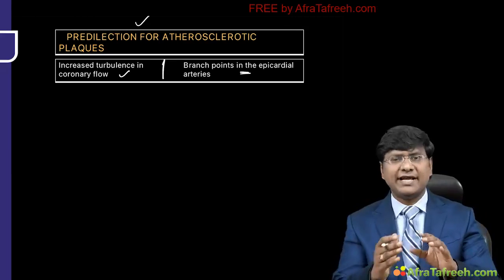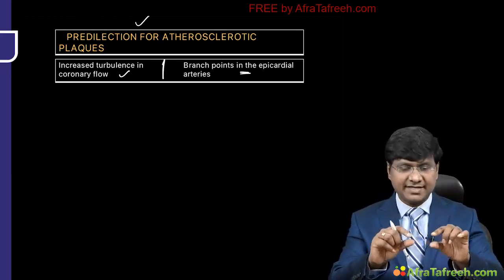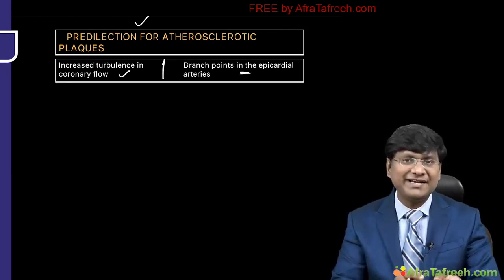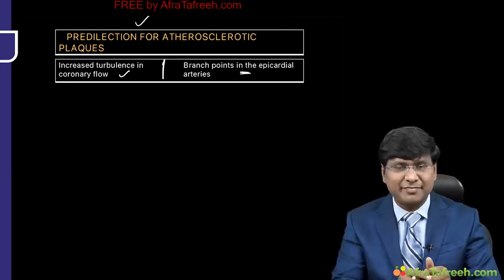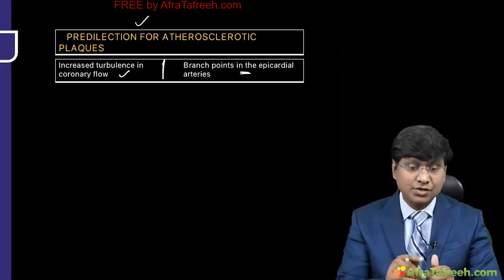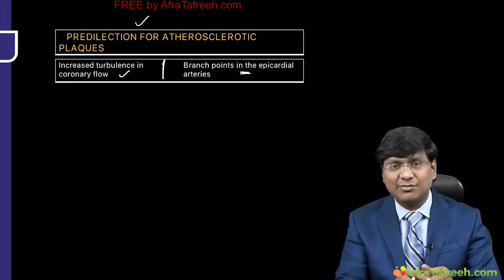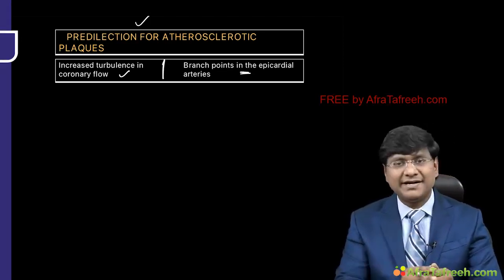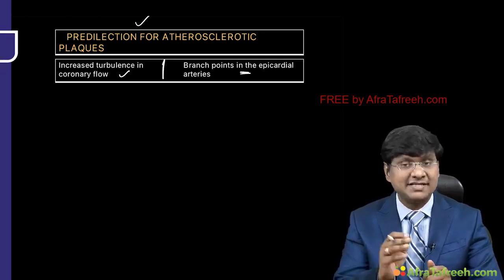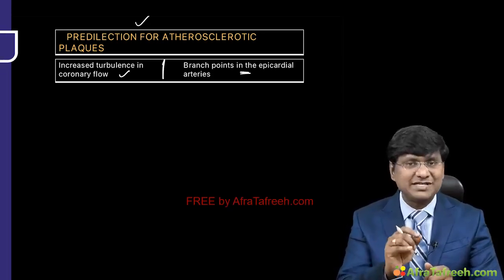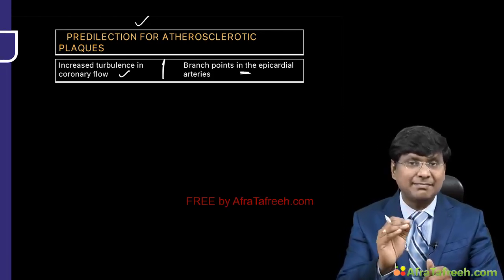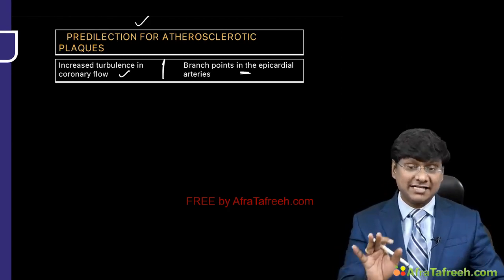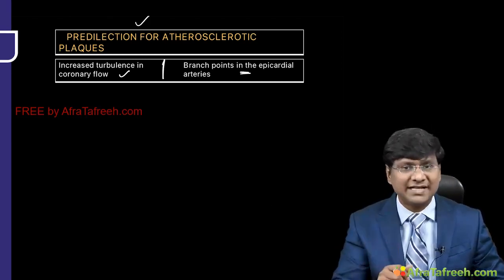For example, the left main coronary artery is dividing into the left anterior descending artery and the left circumflex artery. The left anterior descending artery originates from the left main coronary artery. So it's a branch point. That is the site where there is high turbulence and where there is high chance of atherosclerosis, right? Then you take the left anterior descending artery, the branches that we have are the septal branches. So the septal branch coming from the left anterior descending artery is a branch point where there is increased turbulence, and that particular point has increased risk of atherosclerosis.